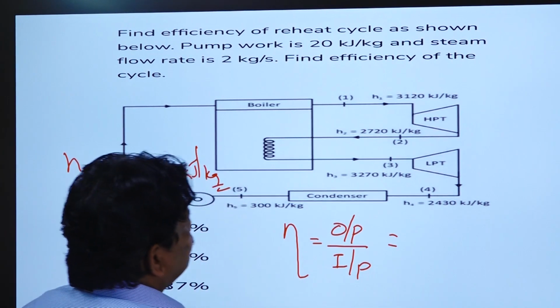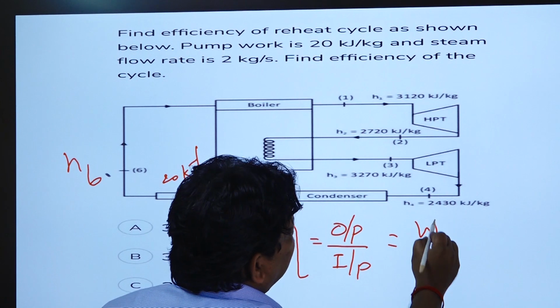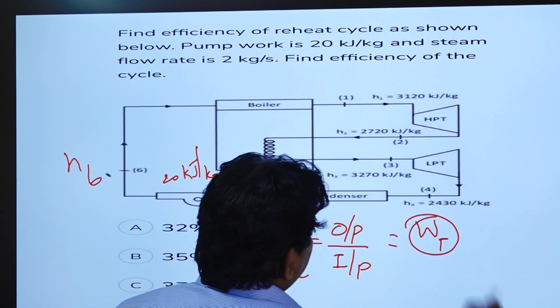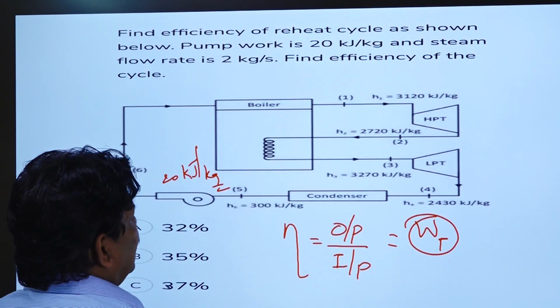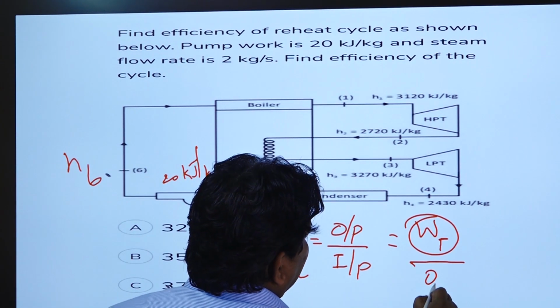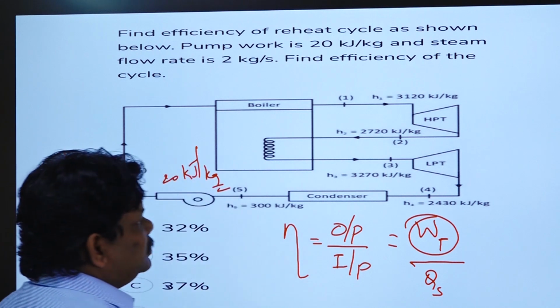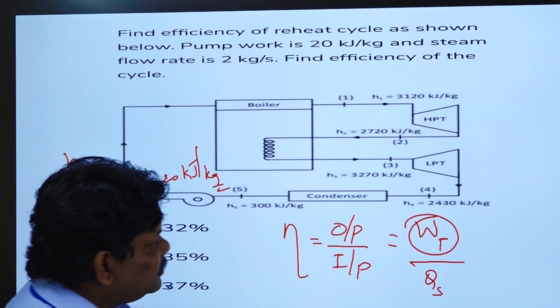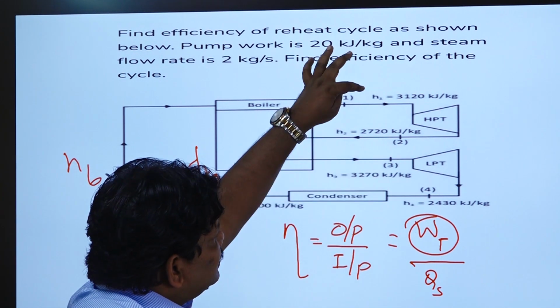What is the output? The output is the work done by the turbine, and the input is the amount of heat energy that is supplied. So what is the work done by the turbine here?